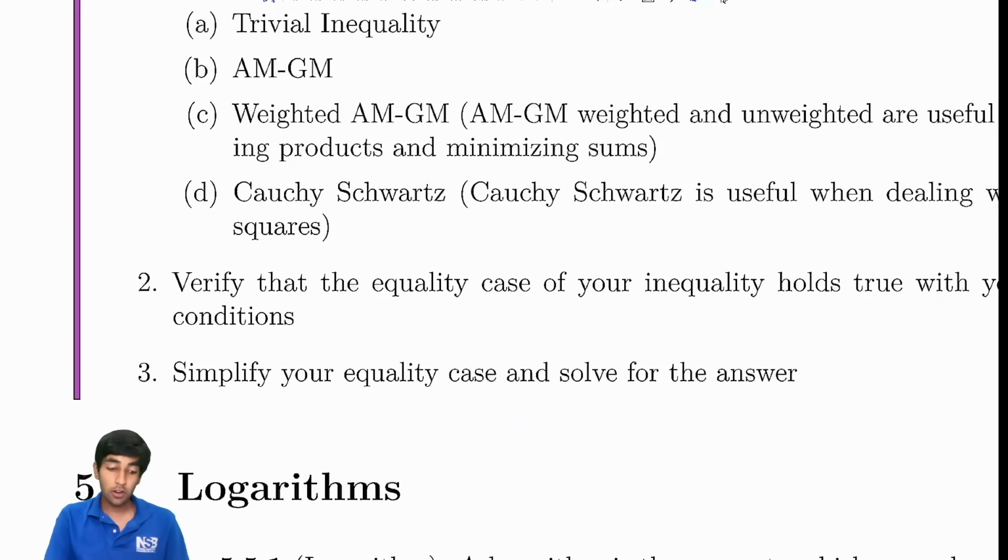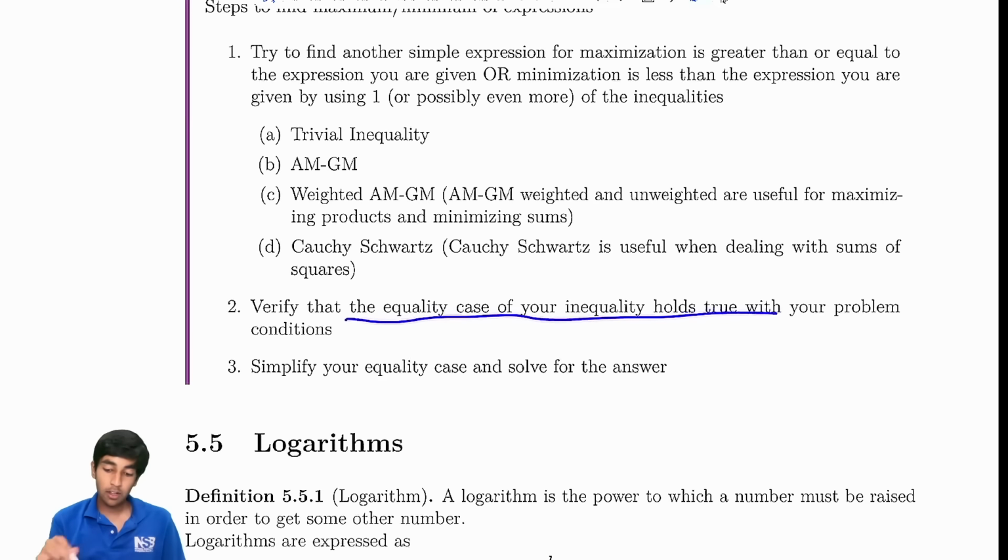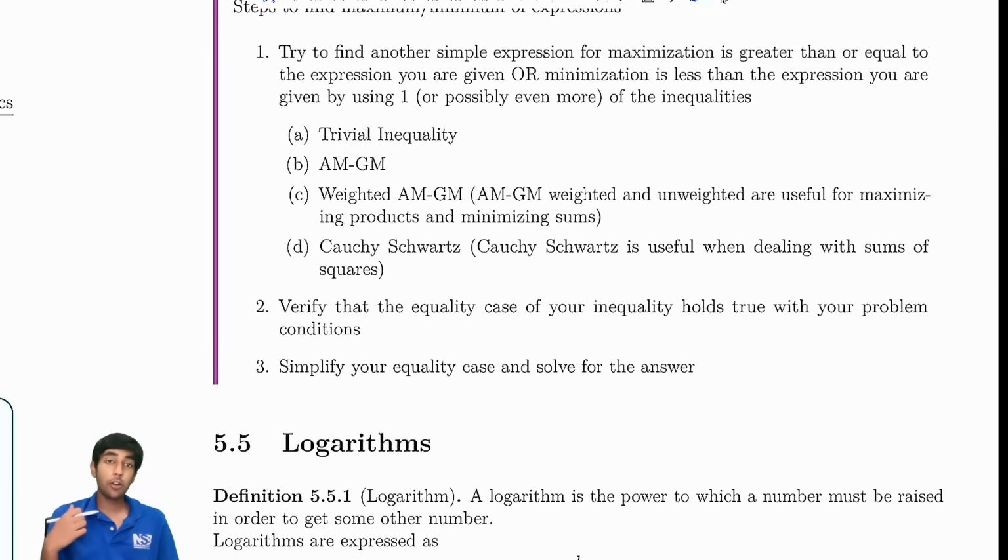So you need to make sure that if you're saying, okay, the minimum of x plus y is going to be 2 root xy by AM-GM, you need to make sure that the equality case is always possible. It may not always be possible. So verify that the equality case of your inequality holds true if you're trying to maximize or minimize some quantity using our inequalities. And you can do that using the equality cases we mentioned before.